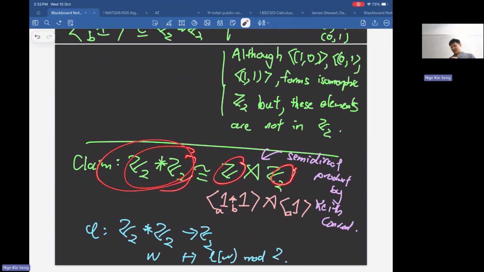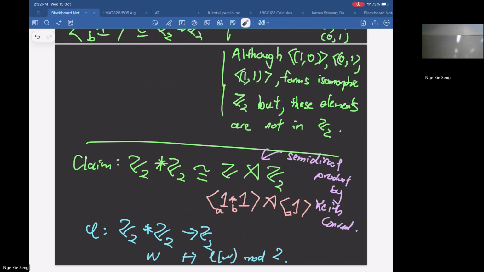And then how do we recover the original group? I think we didn't teach you how to recover your original group. There's some form of product you need to take, which is this semi-direct product. It's the most general. Maybe the easy case is just the product, but this case is not easy.